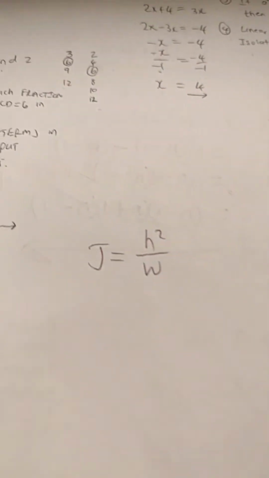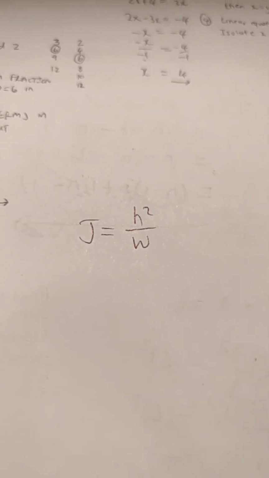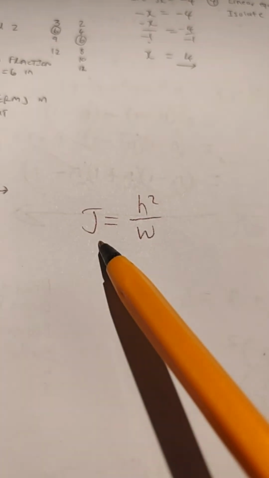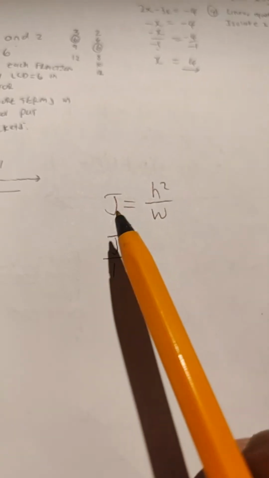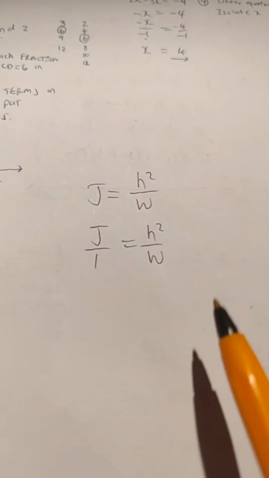J is equal to h squared over w. Guys, it's good to know the relationship of things with other things. Currently you have j. J is actually j over 1 on the left. You don't see this, but it's something that's there. Then h squared over w.